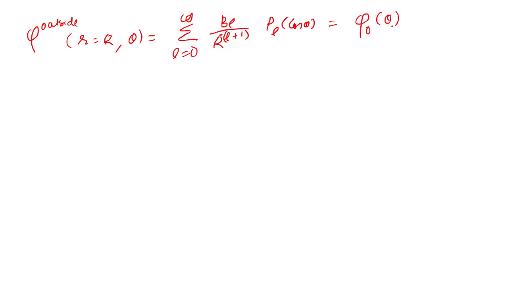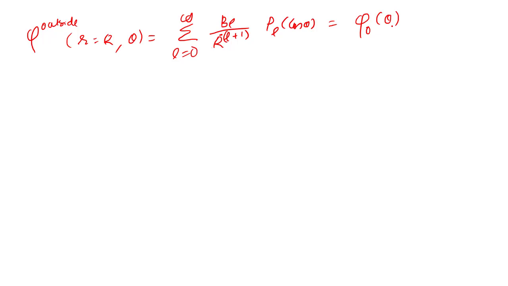So phi outside at r is equal to R, theta would be the sum over L is equal to 0 to infinity of B_L by r to the power L plus 1 times P_L of cosine theta, right? So then we set this equal to phi 0 of theta.